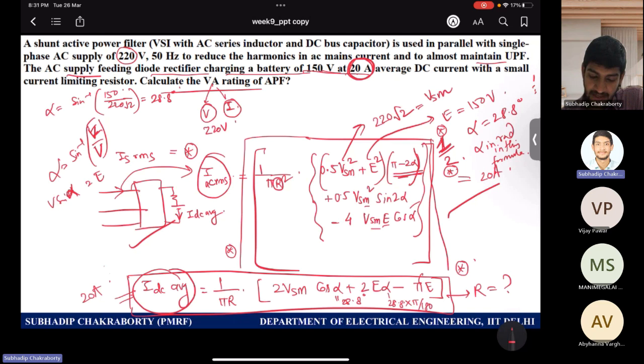Because IDC average you already know, you find out R. Take R here and bring this down.